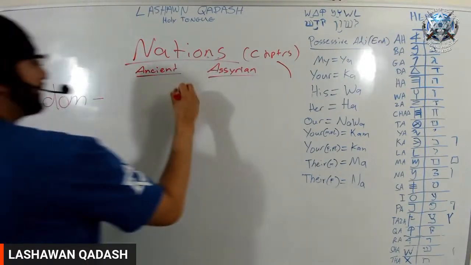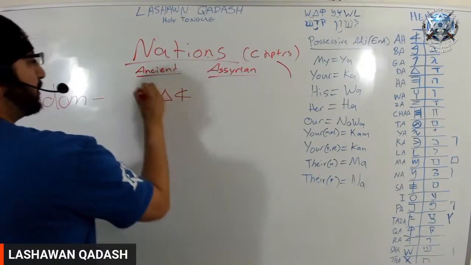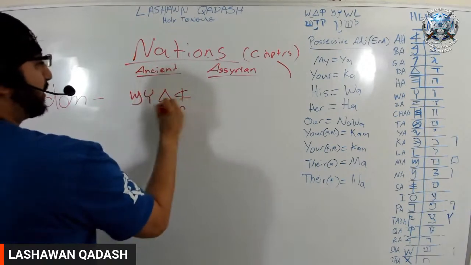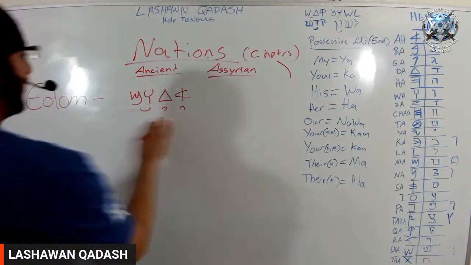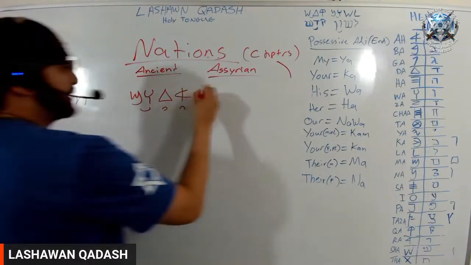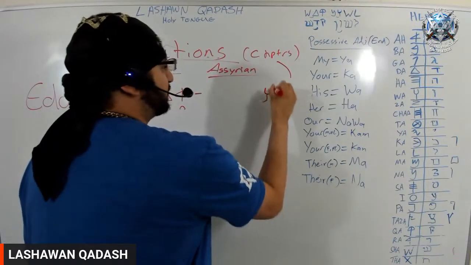That's Ah and Ma. Not to be confused with Adawan, which means Lord, but Adawam means Edom. That's the ancient version, and you're going to have the Assyrian version.